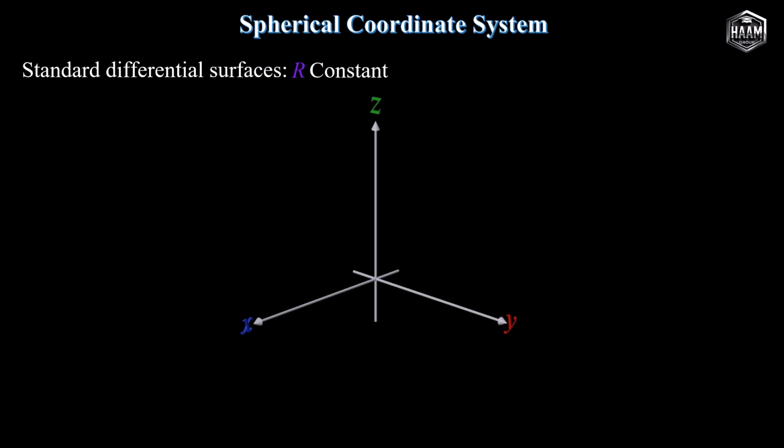Suppose we want to consider constant capital R. Take a point whose distance to the origin, that is its radius capital R, equals a fixed value capital R sub 0. Now we introduce a change in theta at this point. What results? A semicircle if theta ranges from 0 to pi.